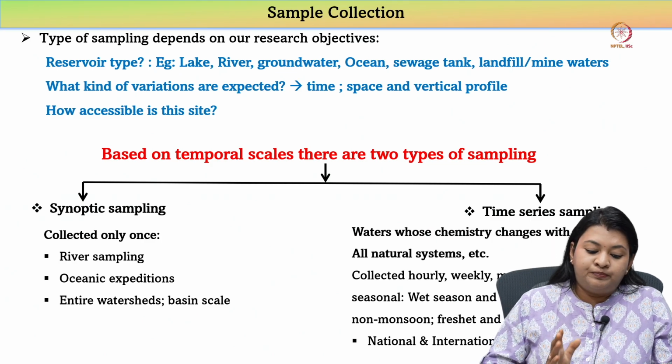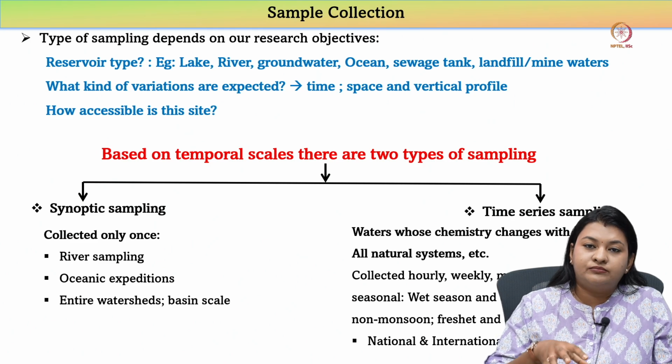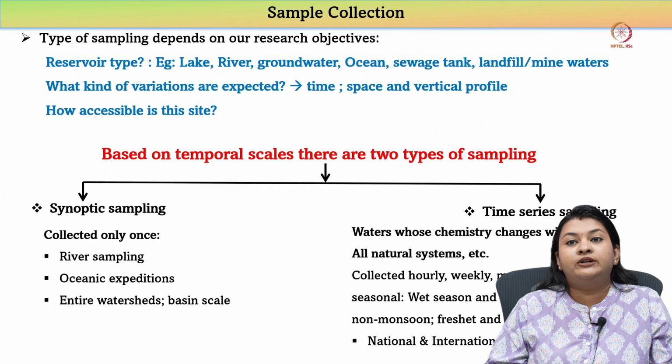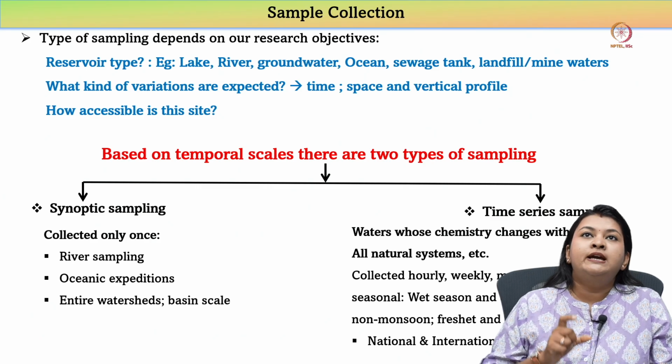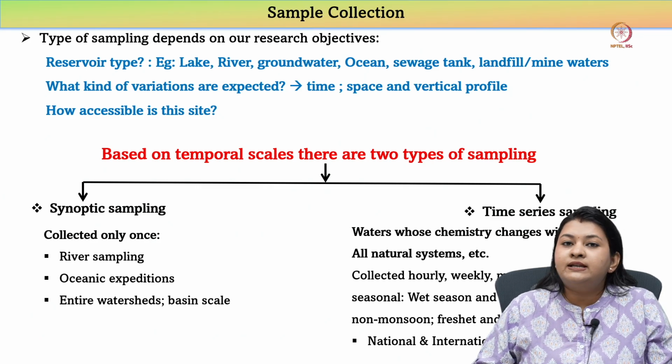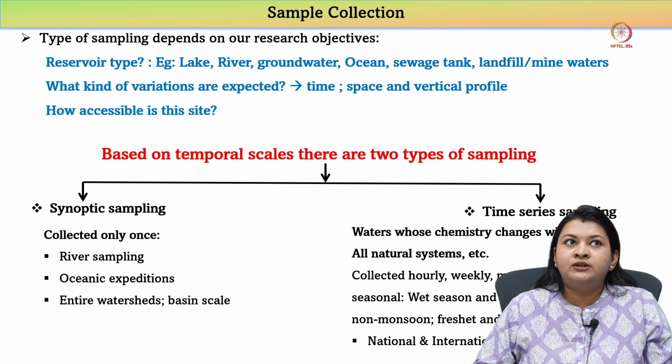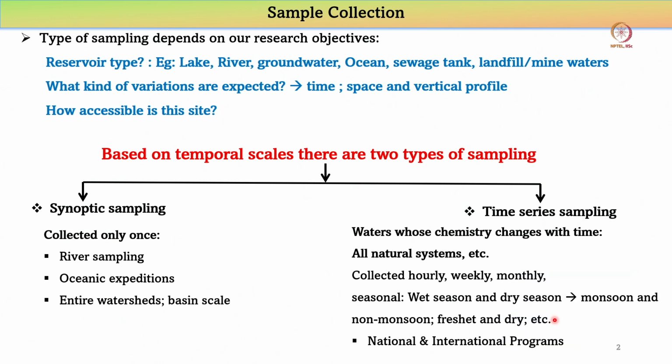Now, based on that aquatic system, and the kind of question that you're addressing, whether your question is just a characterization type of question, whether it is a question which is cyclical, follows a certain type of cycle, or is talking in terms of long term processes, links with climate and other parameters.